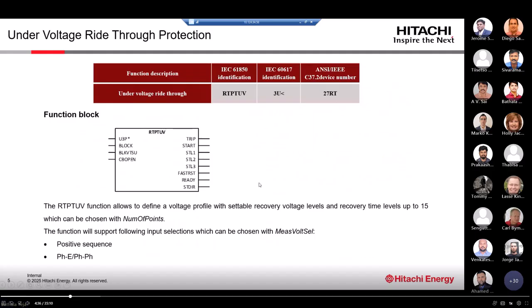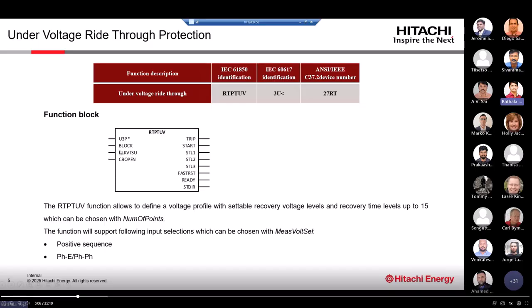So coming to our protection function, which we are offering here, this is how it looks. We take voltage input because we need to monitor voltages in order to block the protection functions and provide a trip whenever the voltage goes into the trip region within the specified characteristics.